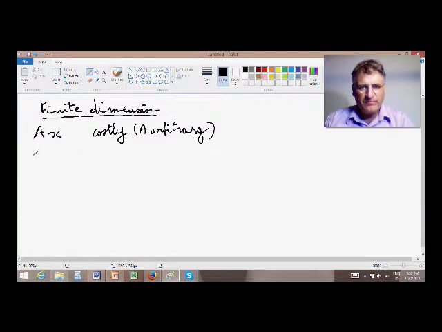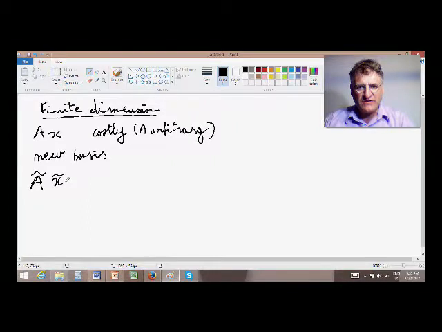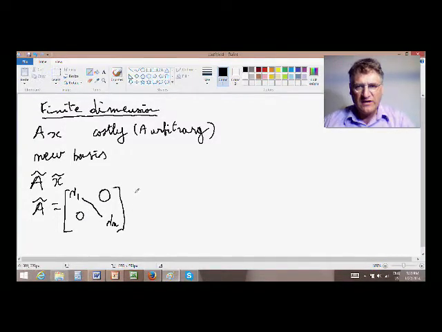However, we can find a new basis in which the same quantity can be computed as A tilde times X tilde, where X tilde is the new expression of the coordinates of X. A tilde is the new expression for A, which is now not arbitrary at all, but is a diagonal matrix containing the eigenvalues.